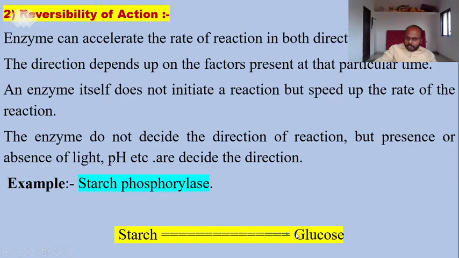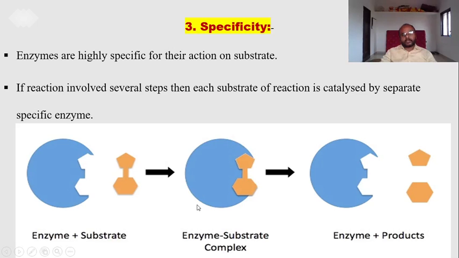The enzyme cannot decide the direction of the reaction. That means the enzyme has reversibility of action. The same enzyme, starch phosphorylase, converts starch into glucose. The same starch phosphorylase enzyme converts glucose into starch. So here this is the reversibility of action, which is a property of the enzyme.